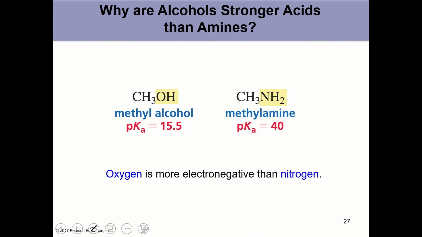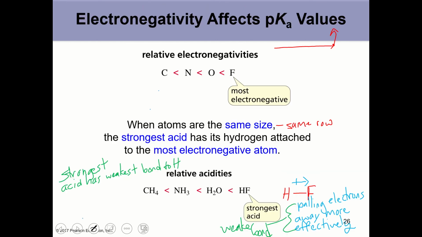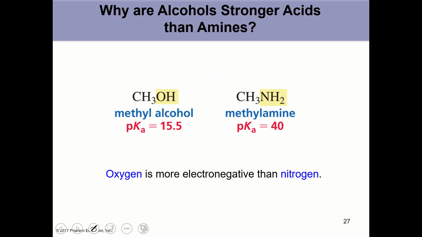knowing these rules, we can compare alcohols and amines. Alcohol, the oxygen is pKa of, so the stronger acid, the weaker the base. And we can look at the pKa and say, well, the alcohol is the stronger acid, but why is it the stronger acid?